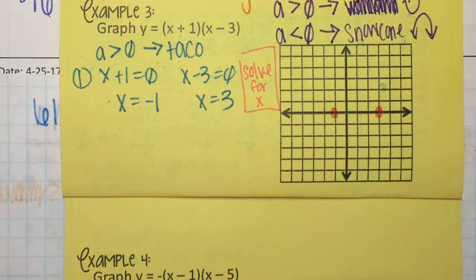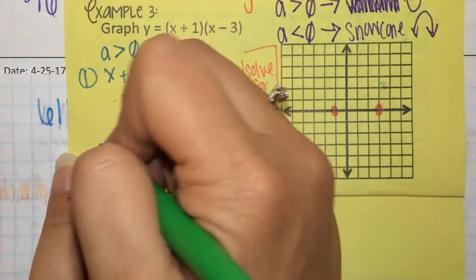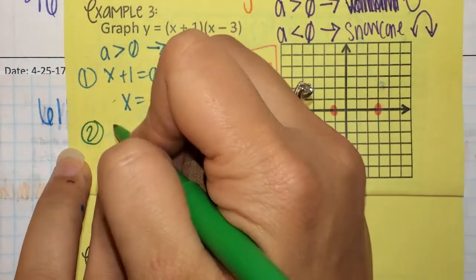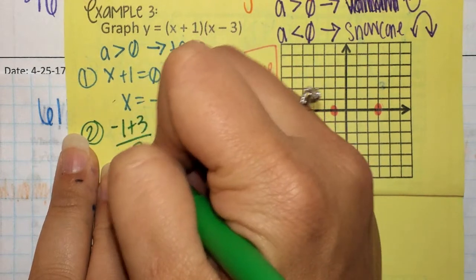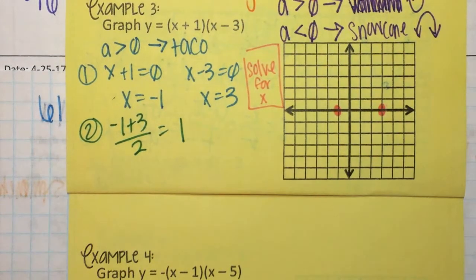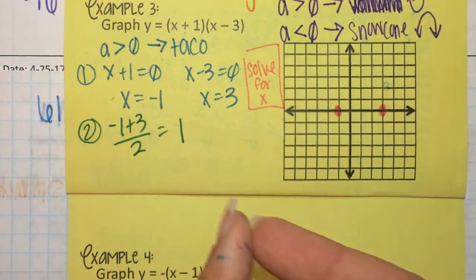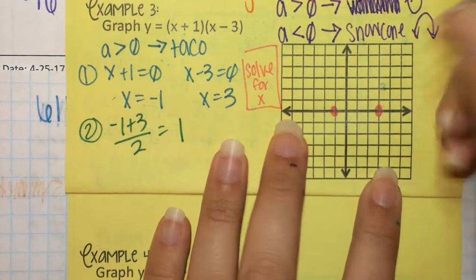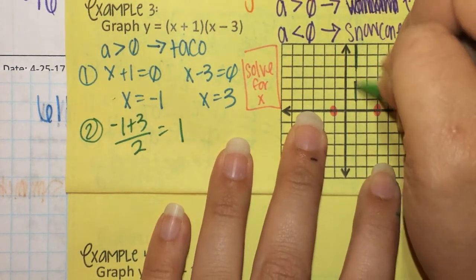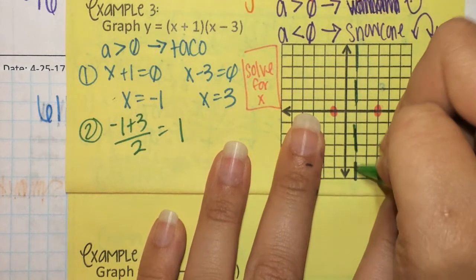What does the word average mean? The middle. So you would add these together: -1 plus 3, divided by 2, and that gives you 1. So if you can't count because maybe it's like 1.3 and 2.8, something weird, you would add them together and divide by 2. That gives you your axis of symmetry.